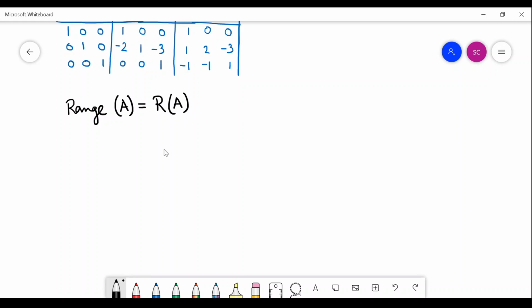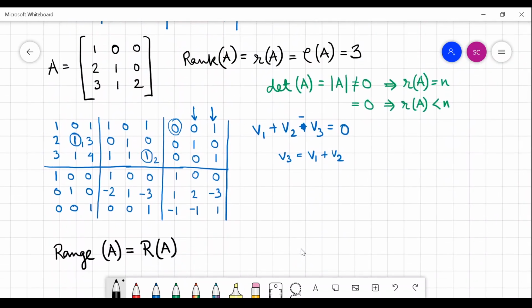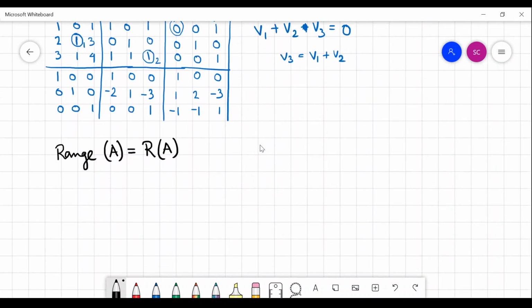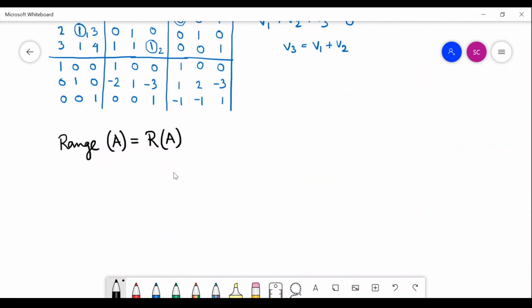Range of A is a space. So what is a space? You see, rank of a matrix is a scalar number, actually an integer. Rank of a matrix is always an integer. It comes from the integer space. Range of a matrix is a vector space.